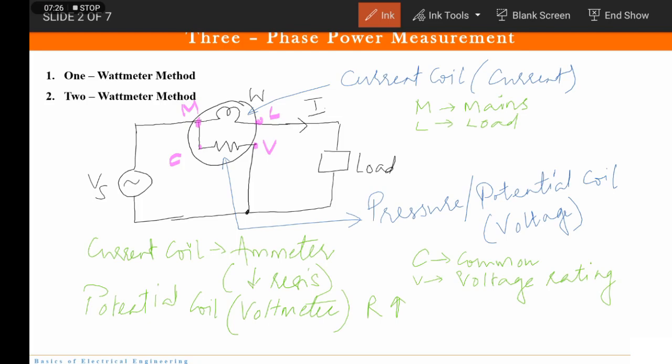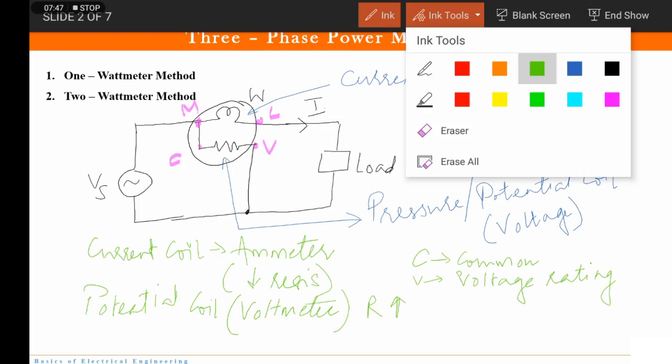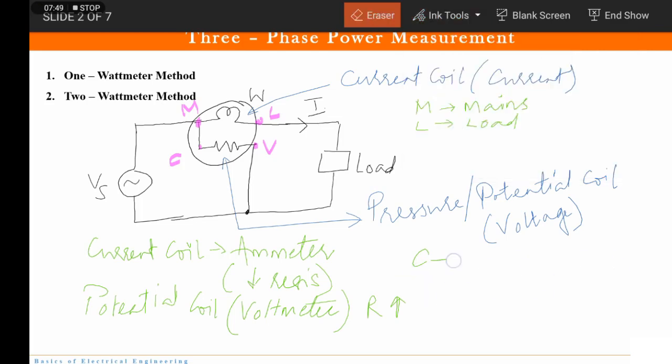And secondly, a very important point here is the wattmeter also senses the angle between what? The angle between the voltage and the current. So it actually senses the current phasor of the current coil and the voltage phasor of the pressure coil. Fine. So let us see how this is represented.